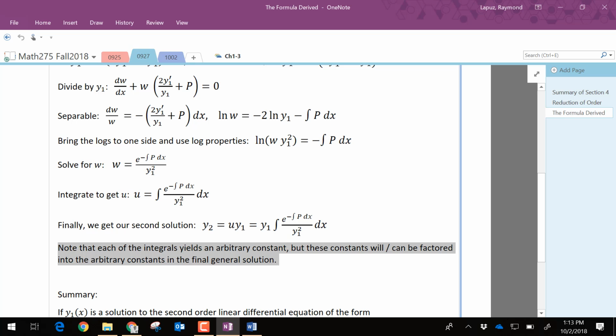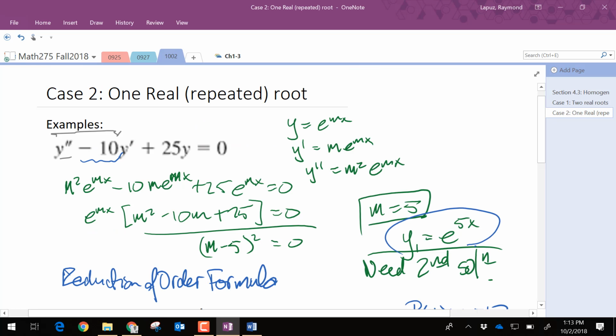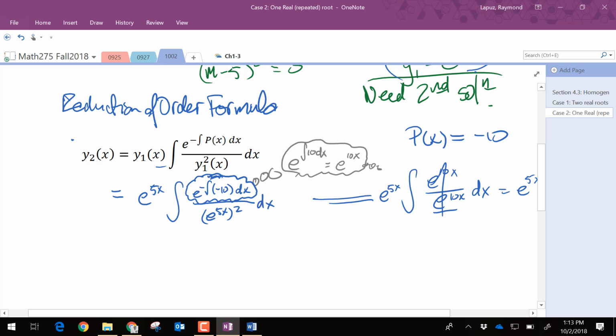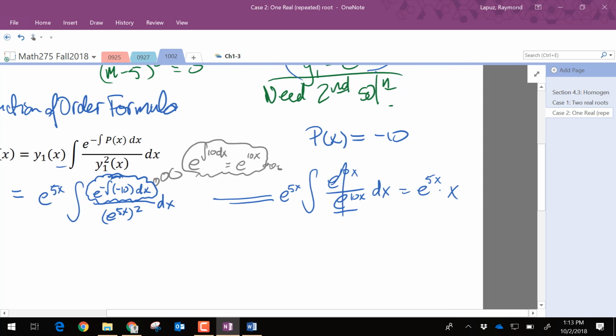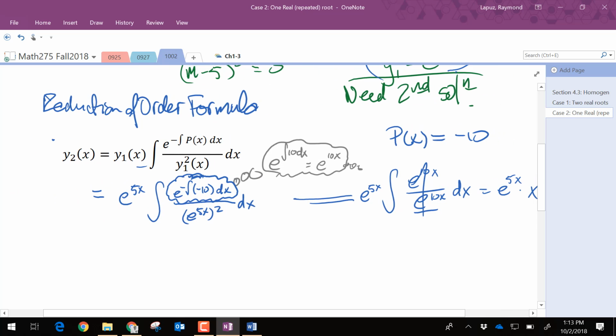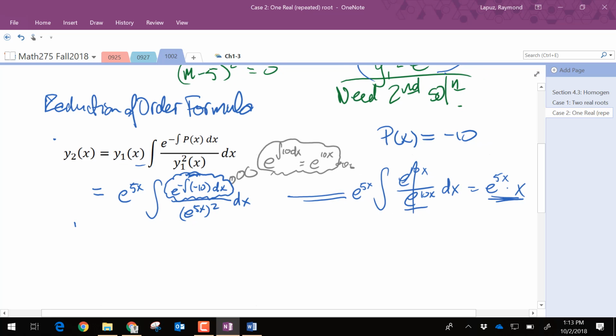And so we'll ignore those arbitrary constants, and so this is what we end up having. So your second solution, y2, is going to be x e to the 5x.